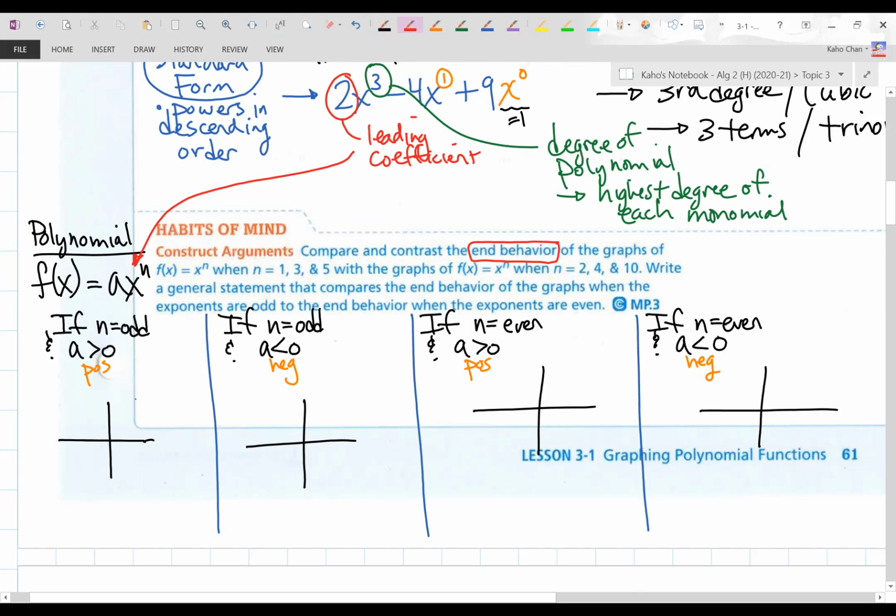All those will look like this. Rise to the right, fall to the left. The right, in terms of describing that, is positive, left is negative, up is positive, down is negative. So I'm kind of going to write out all four possibilities, but I'm going to do it all equally at the same time.